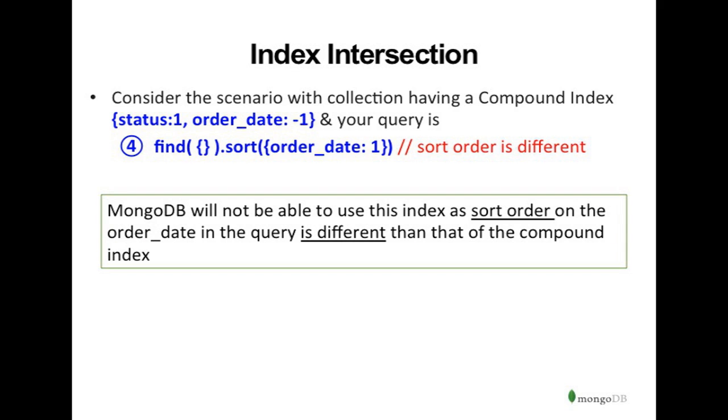In another scenario, I want to retrieve all the fields, but sort by order date in ascending order. MongoDB will not be able to use the index in this case because it's defined in descending order and we are trying to sort in ascending order. And since we are returning all the fields, MongoDB will not be able to use this compound index.